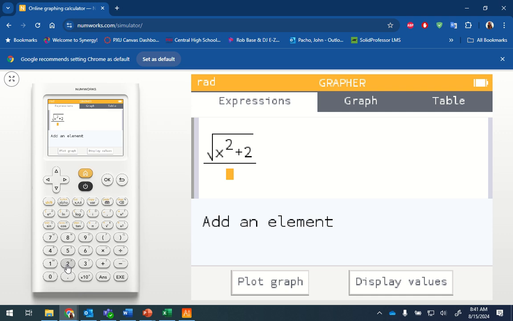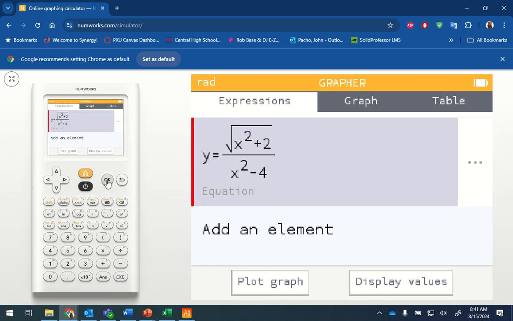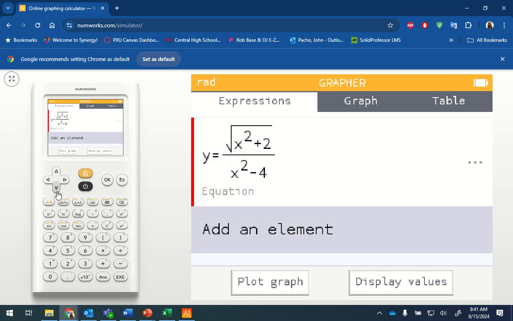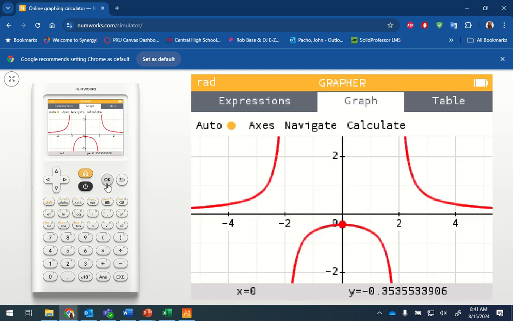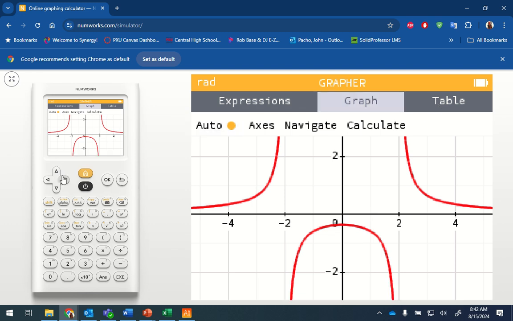Is it plus 2 or minus 2? Plus, okay. Over x squared minus 4, right? Okay. The graph. Okay, let's see what the table says. Oh yeah, keep forgetting that it's not.